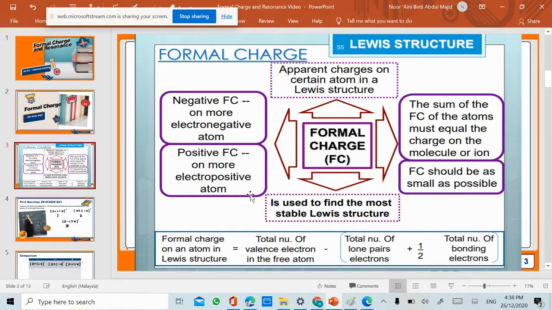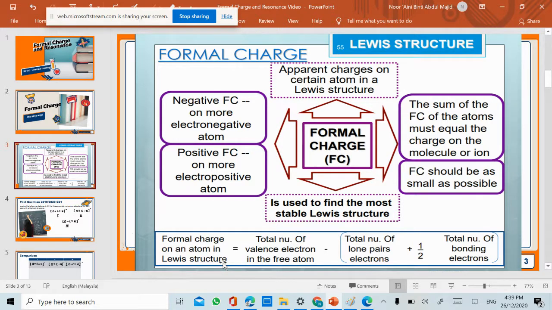Okay, what is the formula for calculating formal charge? Look at the one given here. The formal charge equals the total number of valence electrons minus the summation of the number of lone pair electrons plus half of the number of bonding electrons. This is the formal formula.